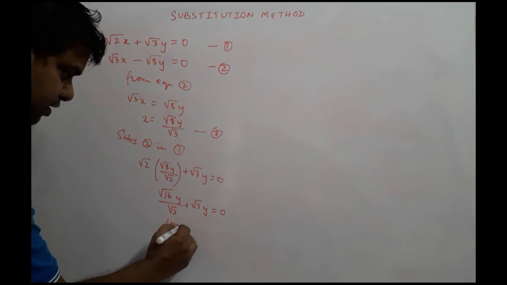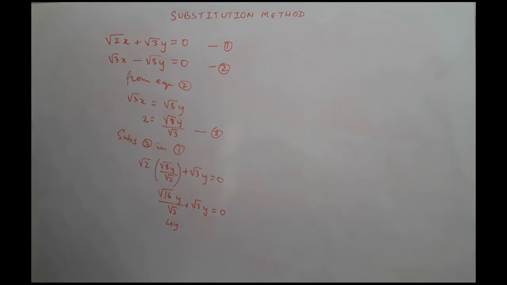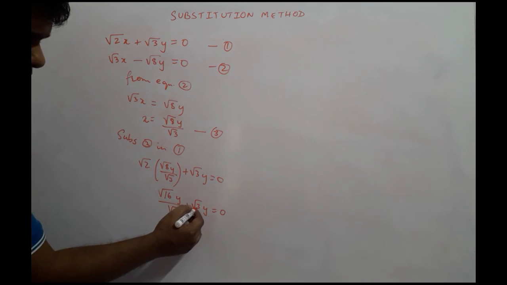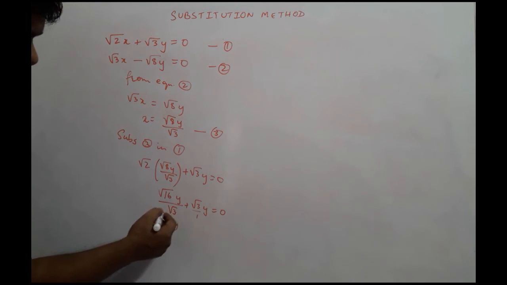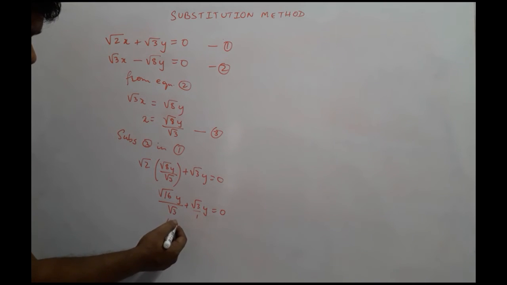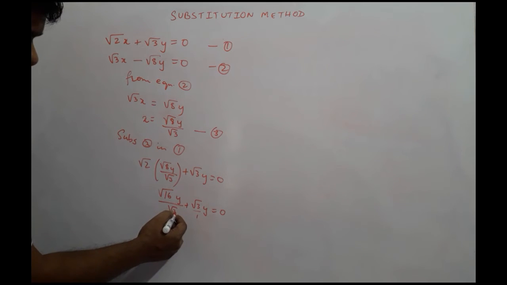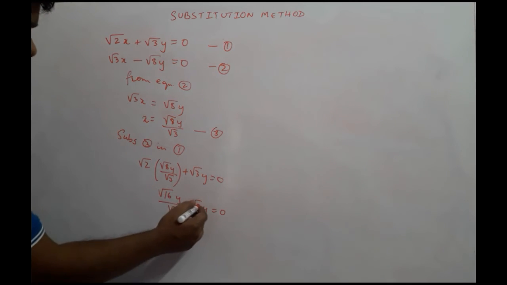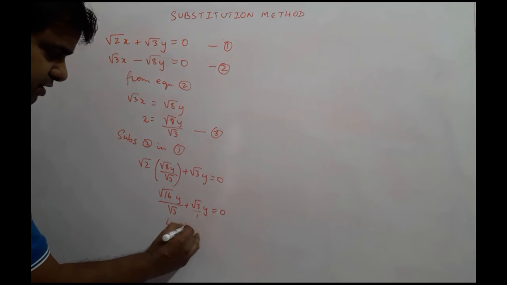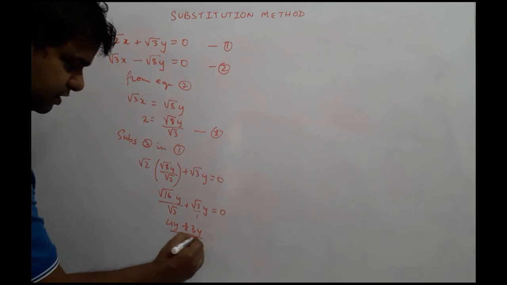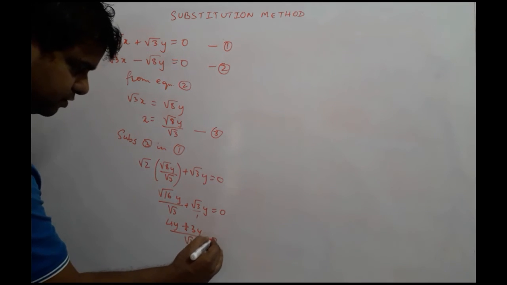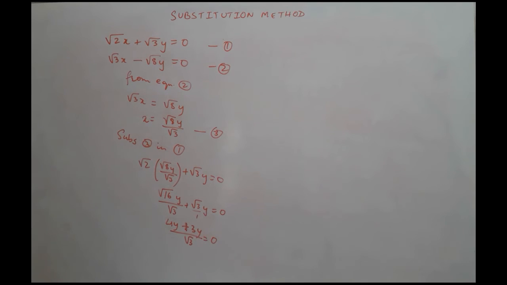The denominator of root 3y is 1, so if we need to add them, first of all we need to make sure the denominator is common to both. So we take the LCM. For that we multiply root 3 into root 3, and root 3 into root 3 gives us 3, so we get 3y. And the whole thing is divided by root 3, equal to 0. Got it?